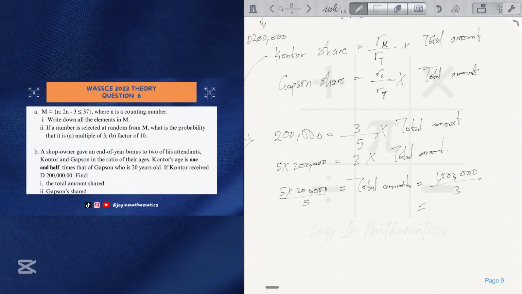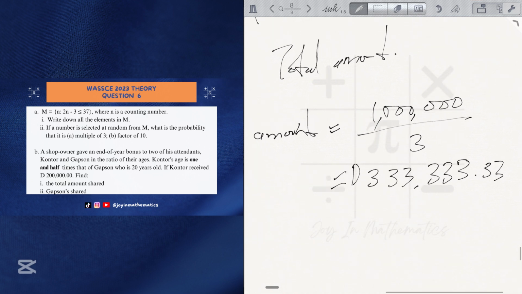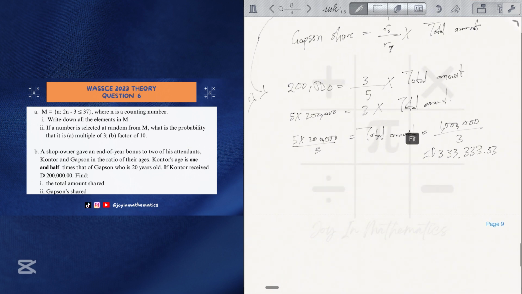And this is equal to 333,333 naira, 33 kobo. So let's call this D. So that is the total amount shared.